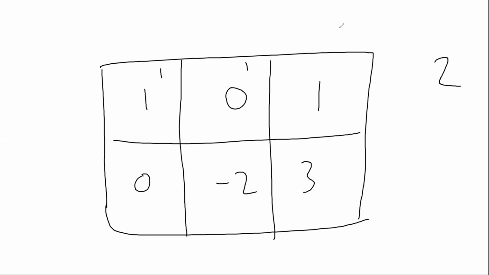This will be 1, and then 1, 2, minus 1, so 1 minus 2 will be -1. And in this case you have -1, 2 will be 1, then 0, and this will be 3, correct?